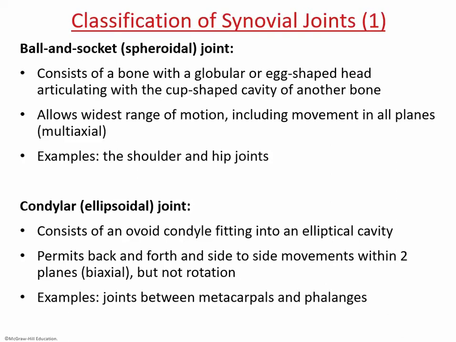The very typical one that you can look at is the metacarpophalangeal joints, the MCP joints in your finger. If you take your index finger, you can flex it, extend it, move it side to side, abduct it, but you can't rotate it like you can your shoulder. You can circumduct, which is twirling your finger, but that's not rotating it. It's just going through a series of adductions and abductions, flexions, and extensions.